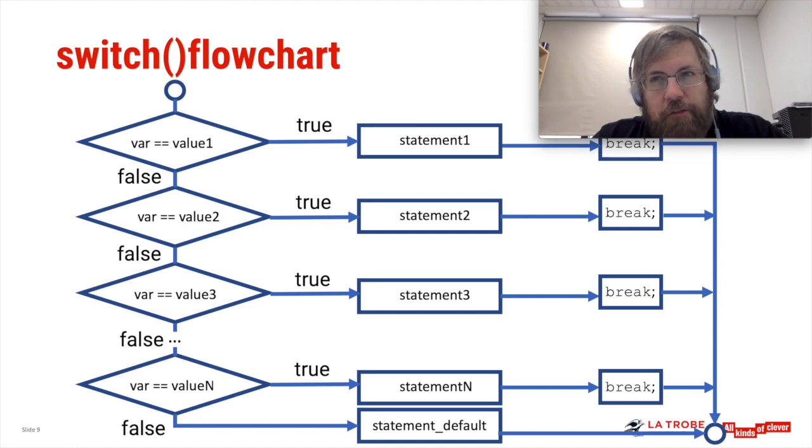So this is what the flow chart looks like for the switch statement. So if var equals, double equals, value 1, do statement 1, do break, go to the end. If var equals value 2, do statement 2, do break, go to the end.